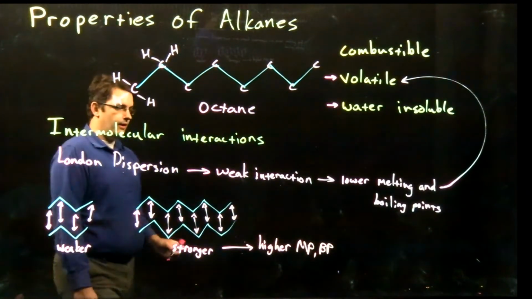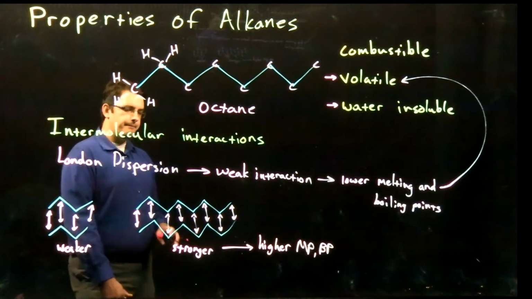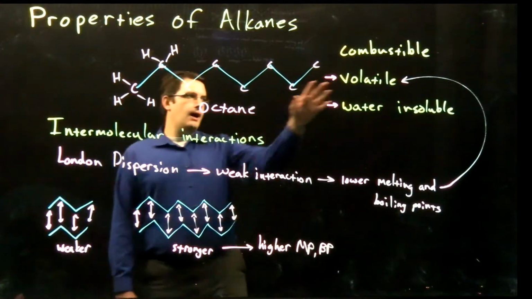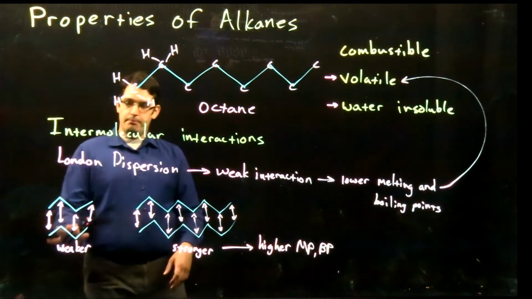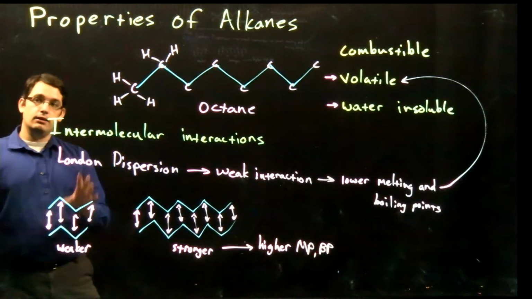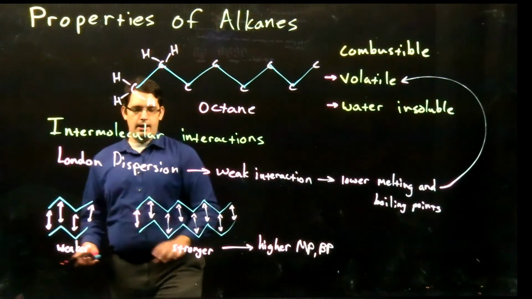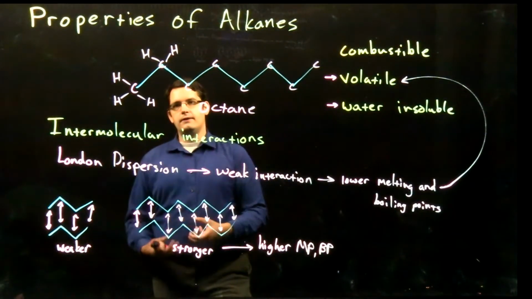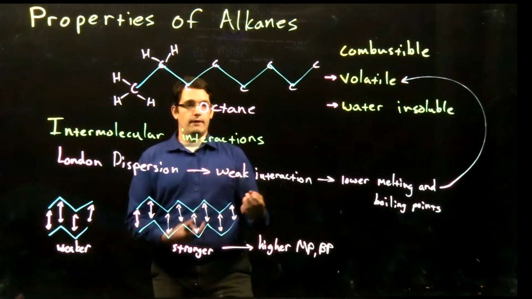I'm just abbreviating here our melting point and boiling point for our octane. So while we concluded before that octane has a relatively low melting point and boiling point, butane is actually going to have an even lower melting point and boiling point. As it gets smaller, it has fewer interactions that can occur between those molecules, and therefore it's easier to pull those molecules apart into the liquid or the gaseous state.